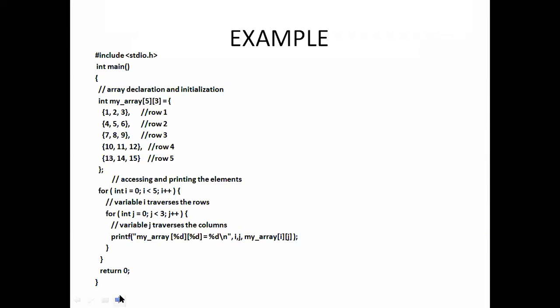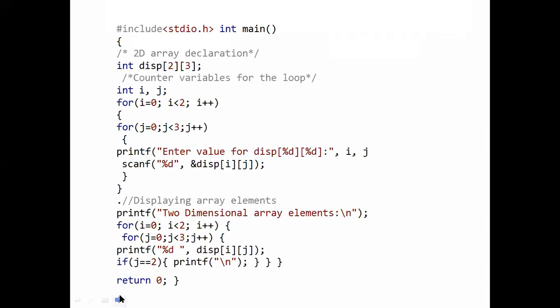then you take two loops, one for input and one for output. See here, this is by giving your own values to the array and printing the values on the screen. Same here, I am taking data type as int, and my array is display, 2 rows and 3 columns.